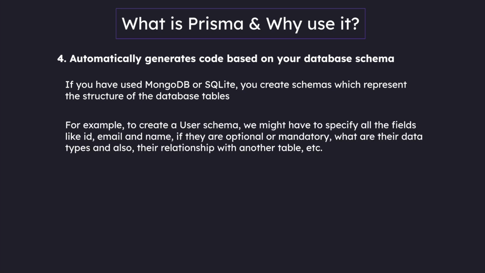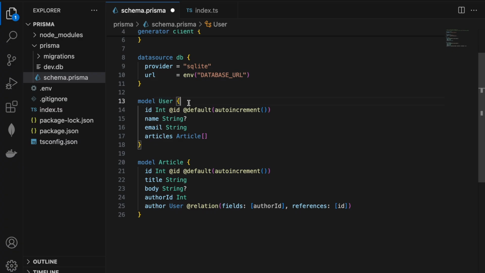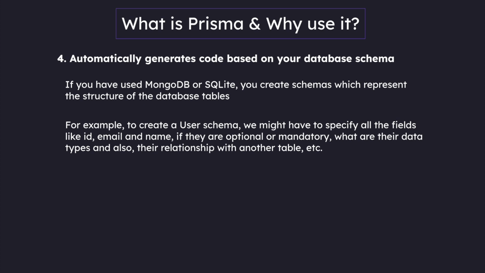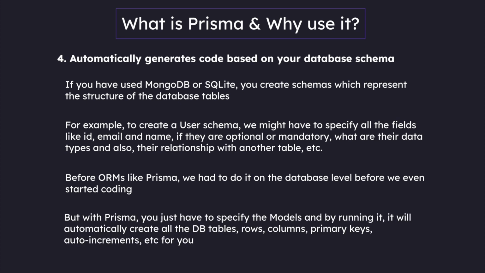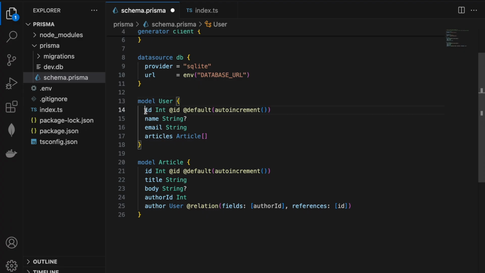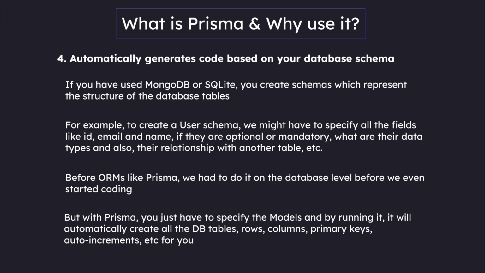For example, to create a user schema, you might have to specify all of the fields like the ID, email, and name, if they are optional or mandatory, what their data types, and also their relationship with another table, etc., etc. Before ORMs like Prisma, we had to do it on the database level before we even started coding. But with Prisma, you just have to specify the models, and by running it, it will automatically create all the database tables, rows, columns, primary keys, auto increments, etc., etc.